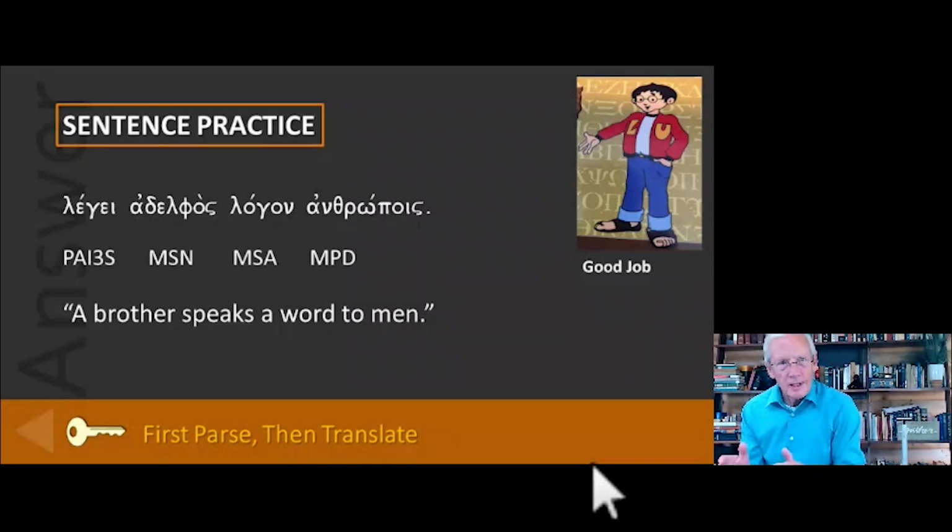He, she, or it says or speaks. Adelphos, that's the vocabulary form, isn't it? That's a masculine singular nominative. Logon comes from logos. The omicron nu ending here is the masculine singular accusative. And anthropois, go back to the vocab form, anthropos, this is a masculine plural dative.